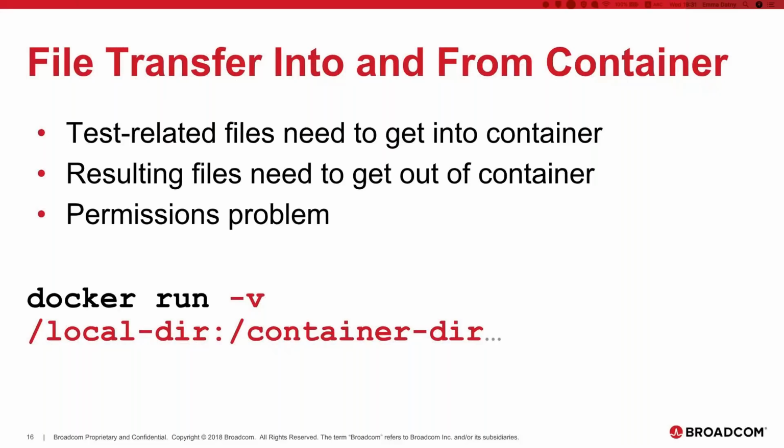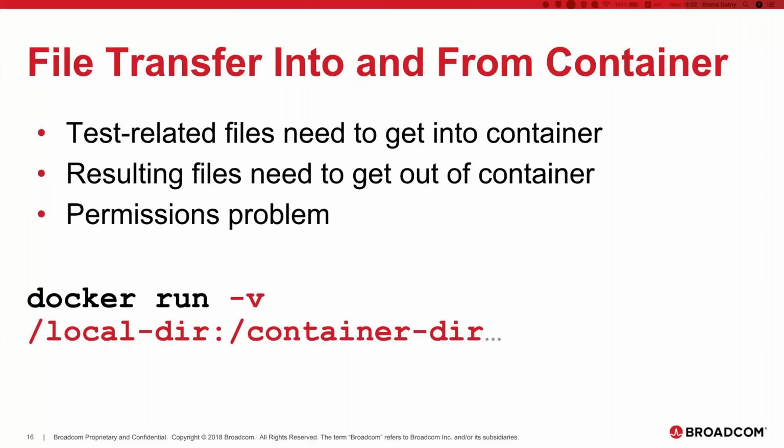To organize this kind of bridge between the host operating system and the Docker container operating system, we use the -v option of Docker. It means that we mount some local directory of the host machine into a container directory inside the Docker container.